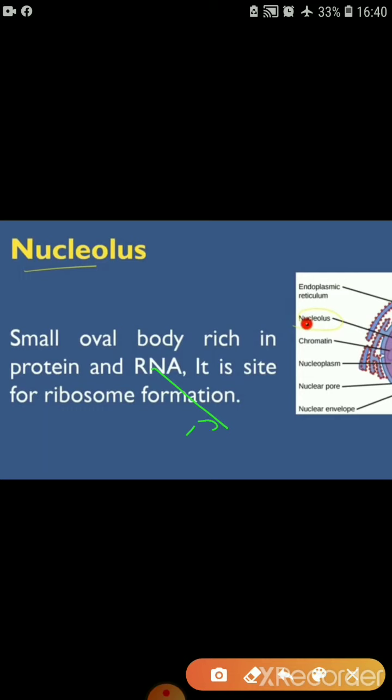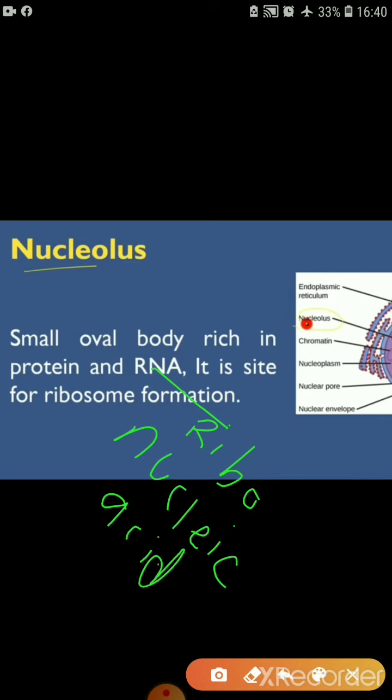RNA means ribonucleic acid. So the full form of RNA is ribonucleic acid. So we can say it is a small oval body rich in protein and RNA, and it is the site for ribosome formation.